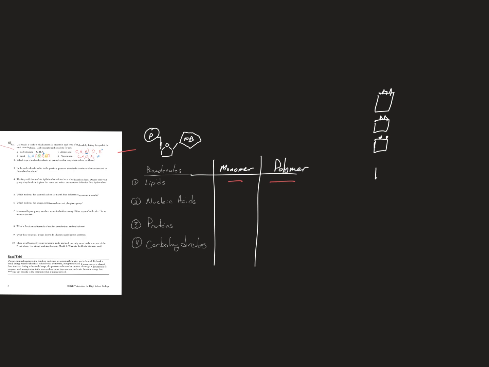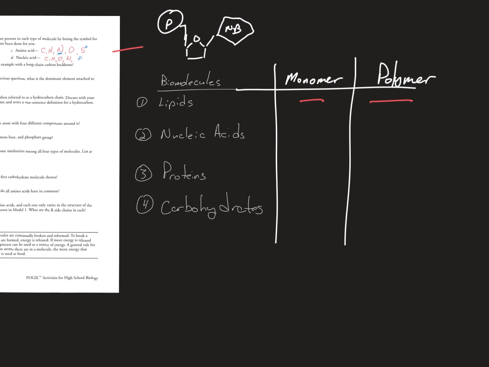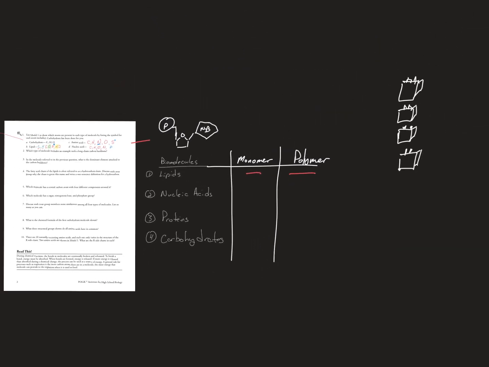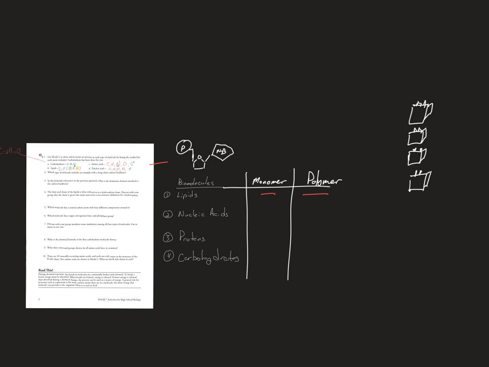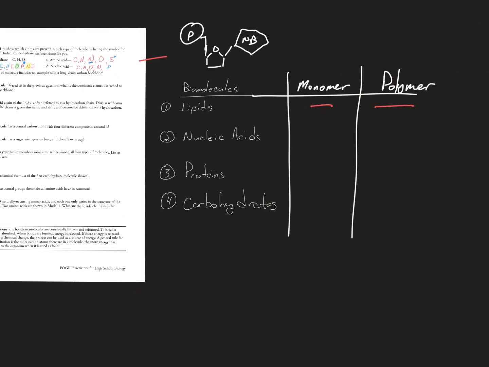In the case of molecules, it would be covalent bonds. But linking these Lego blocks together to form something bigger, lipids don't do that. You can't make these giant long molecules like that. Lipids are just carbon and hydrogen. They don't really have monomers or polymers. Nucleic acids, I hope by now you know it's a nucleotide.